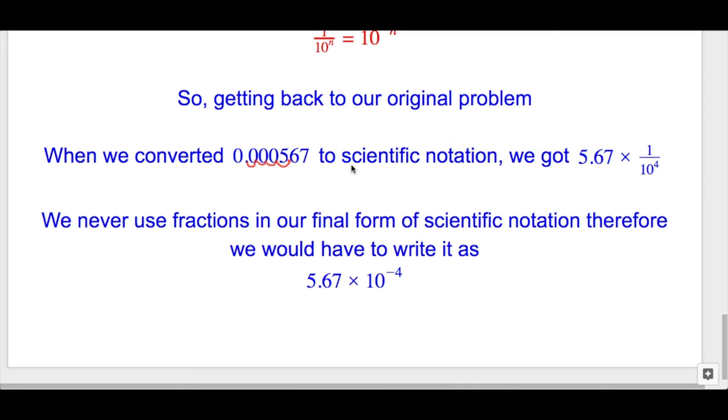Now, since we shifted it to the right, that means the power is negative. So since we shifted the decimal place 1, 2, 3, 4 times, that will become 5.67 times 10 to the negative 4.